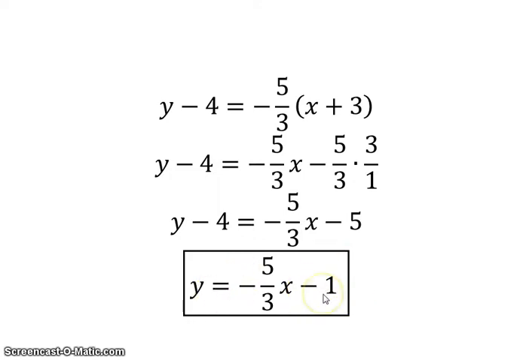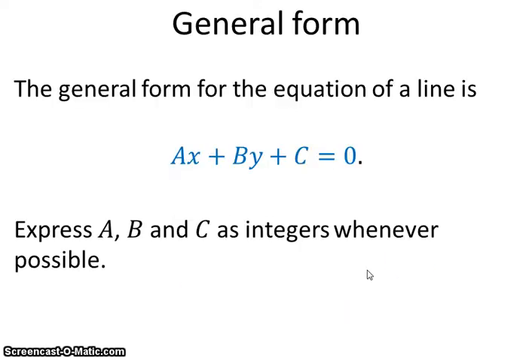And from here we're going to use this to find our general form. So the general form is going to be ax plus by plus c equals 0, or in this case we're going to move all of our terms to the left, make our x term first, our y term in the middle, and our constant term, or just the number, at the end.